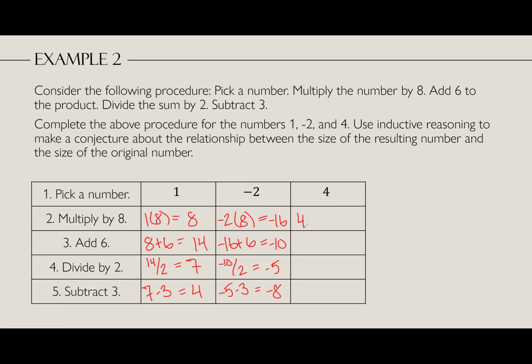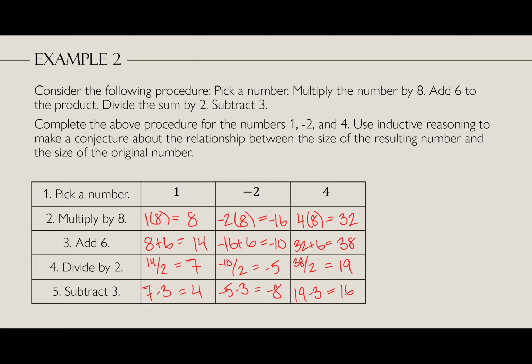So step 2, excuse me, multiplying by 8, 4 times 8, we get 32. 32 plus 6, we get 38. 38 over 2, what do we get? 30 over 2, we get 15. 8 over 2, we get 4. 15 plus 4, we get 19. And then 19 minus 3, we get 16.